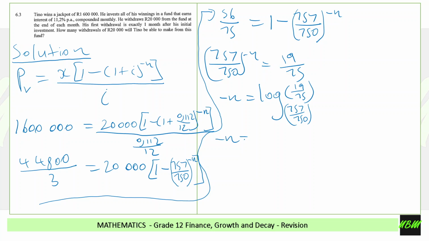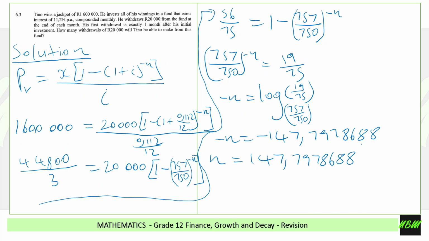Therefore minus n will be equal to log base 757 over 750 of 19 over 75. This gives us minus 147.7978688. Then multiply both sides by minus 1. We get n is equal to 147.7978688.